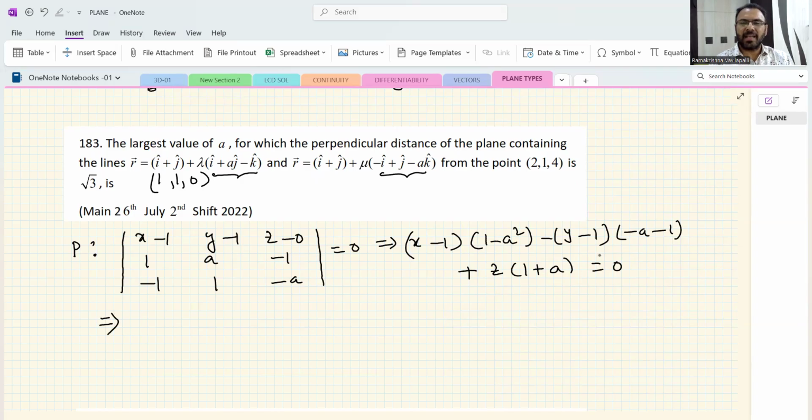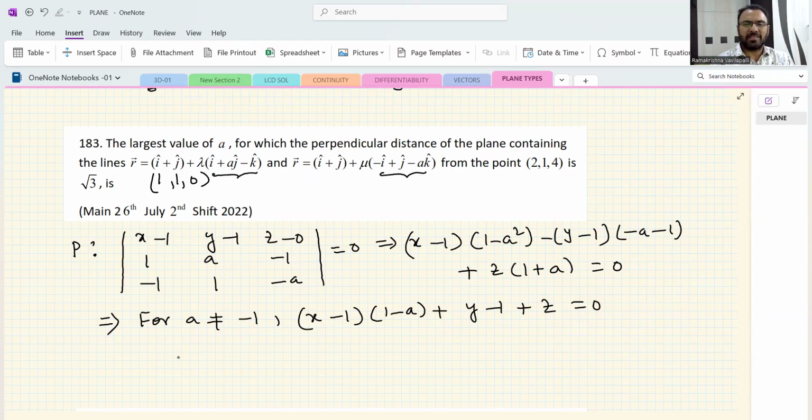You can see that I think you can cancel a plus 1, for a not equal to minus 1. You can cancel that. So you will get x minus 1 into 1 minus a plus y minus 1 plus z equal to 0.